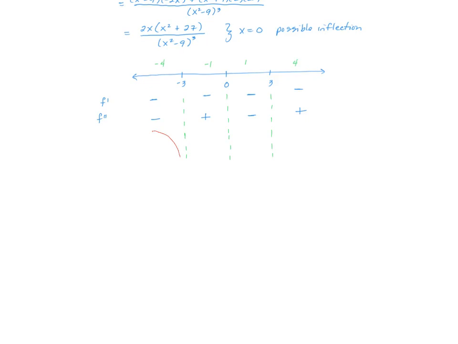From -3 to 0, it's going to be decreasing concave up. And then from 0 to 3, we're going to have decreasing concave down. And from 3 to infinity, it's going to be decreasing concave up. All right, let's put this all together with a graph.